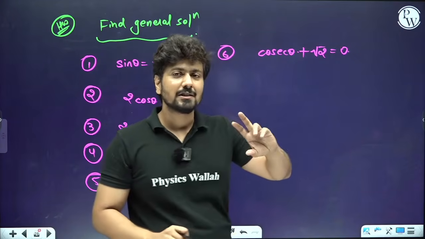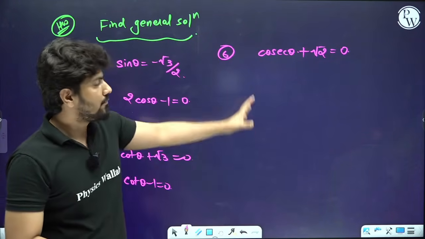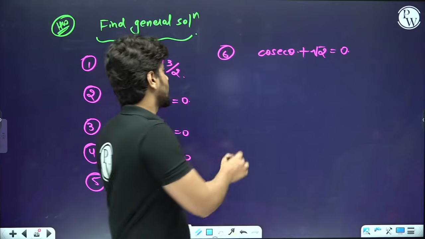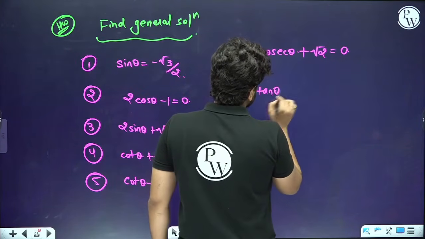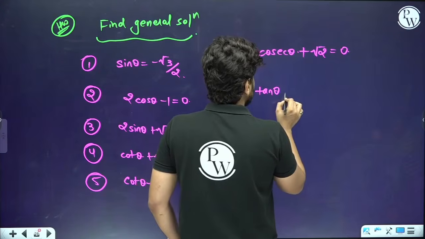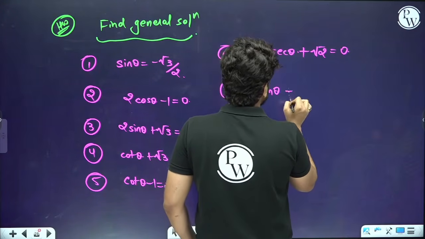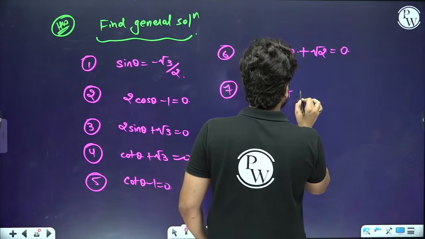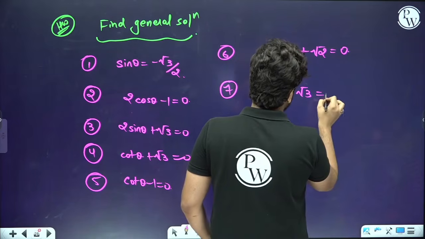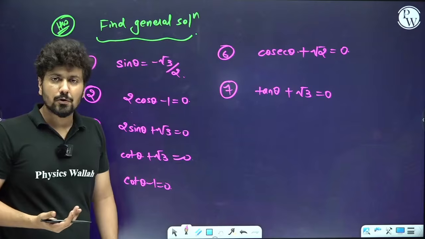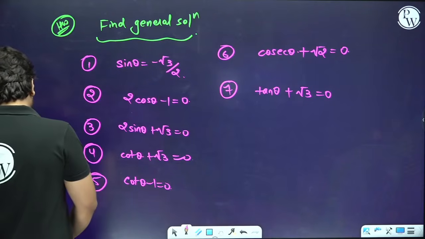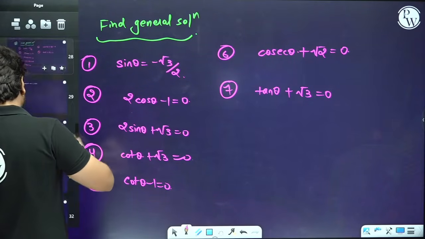Sine theta will be minus 1 by root 2, and you can easily find the solution of this equation as well. Okay. 7th, tan theta plus root 3 is equal to 0. So try all of these questions for your homework, okay, so that you can easily remember all of these formulas.